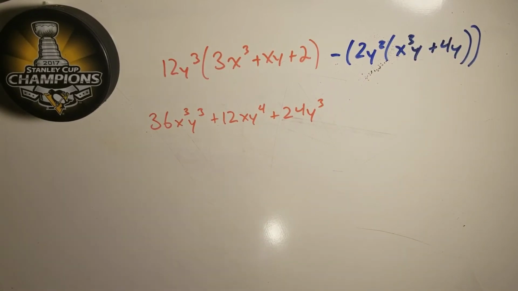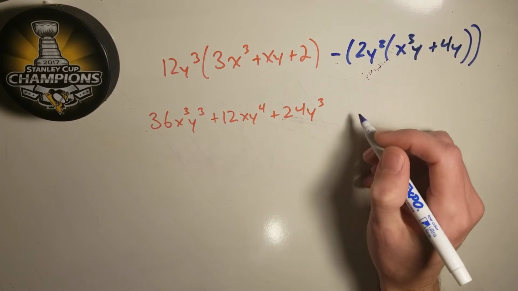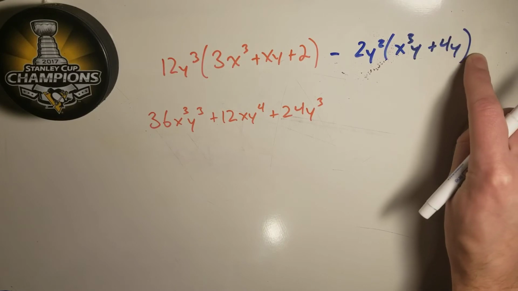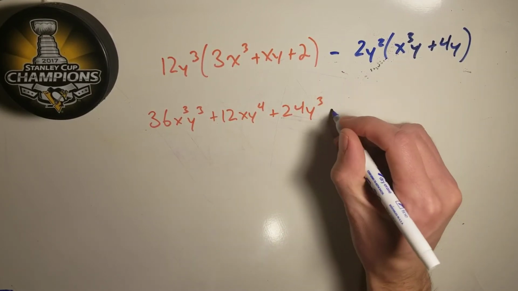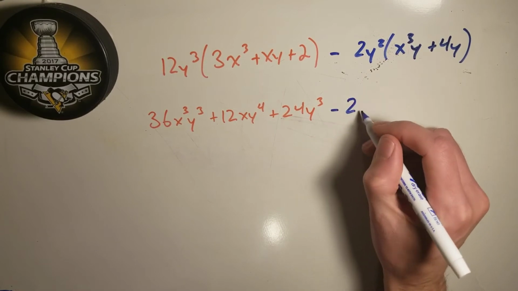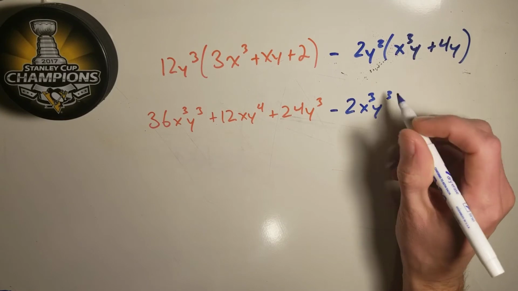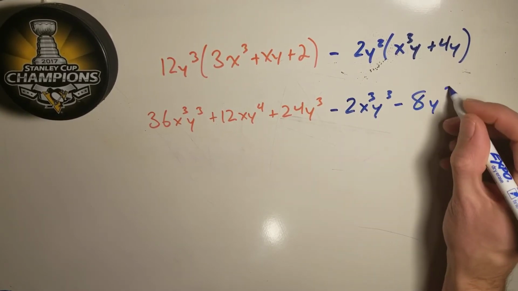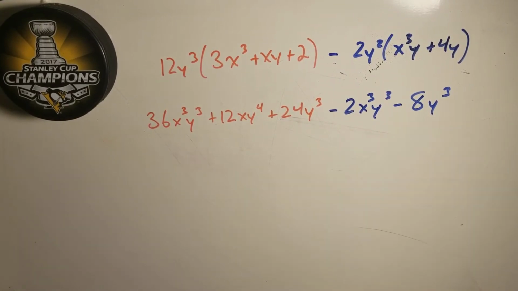Now when you simplify your blue over here, we can write this as, if we take the parentheses away here, we're kind of like distributing a negative 2y squared. So negative 2, and then x to the third, y to the third, and then minus 8 and y cubed. So this is what we're subtracting.